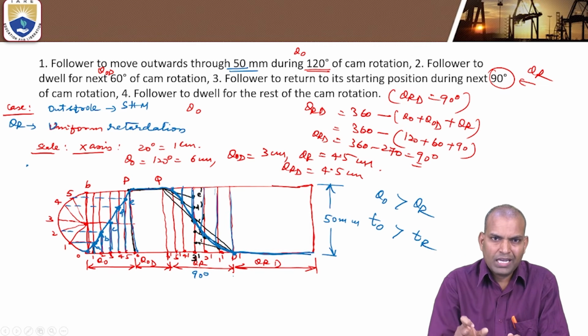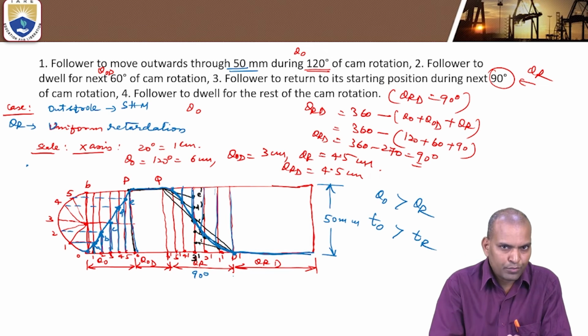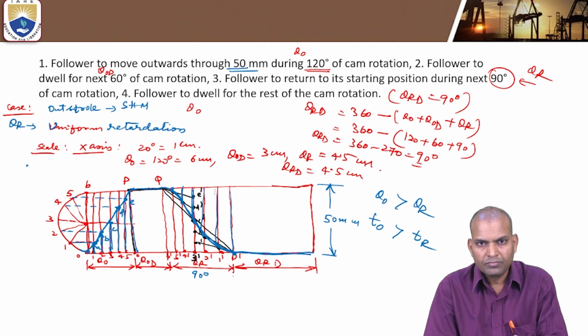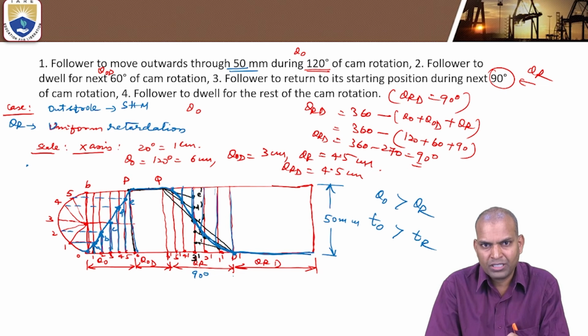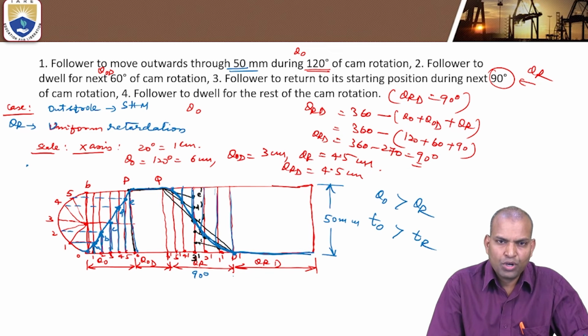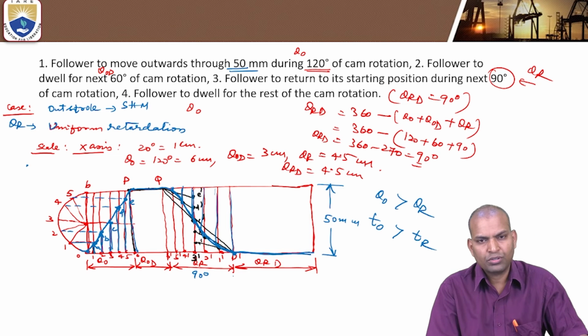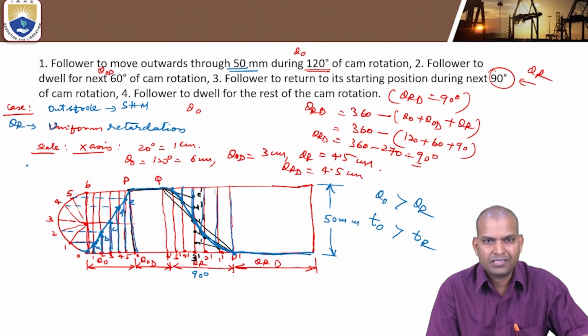If we correlate this mechanism to the quick return motion mechanism, the time of cutting stroke is larger compared to the return stroke. That's why the ratio of time of cutting to time of return is greater than 1. Similarly here, the ratio of time of outstroke to time of return stroke is greater than 1.